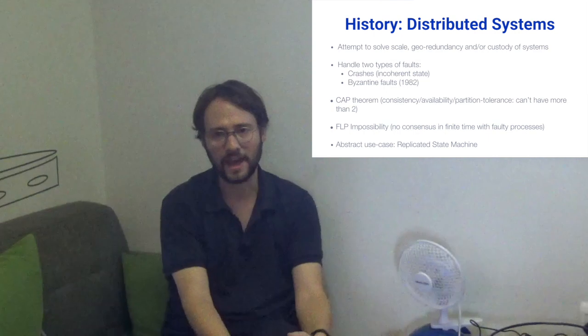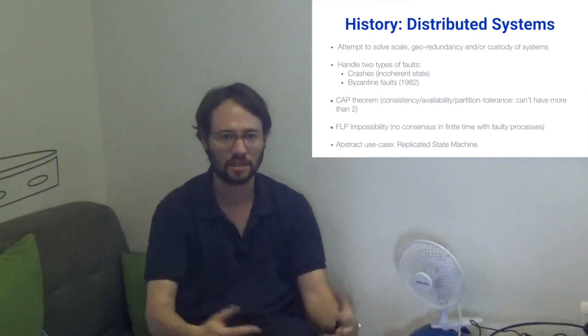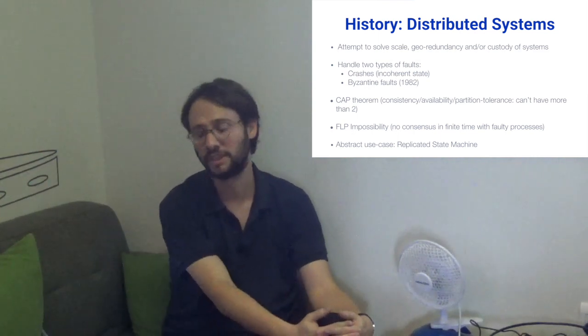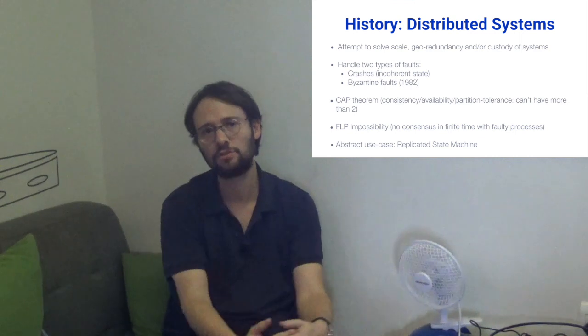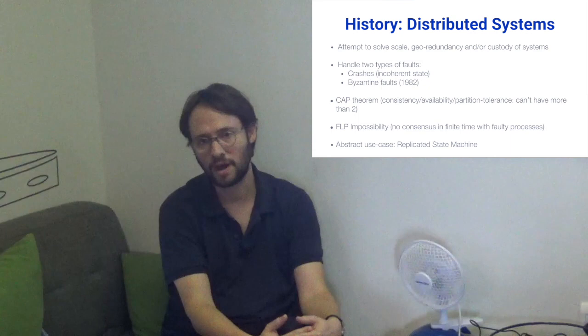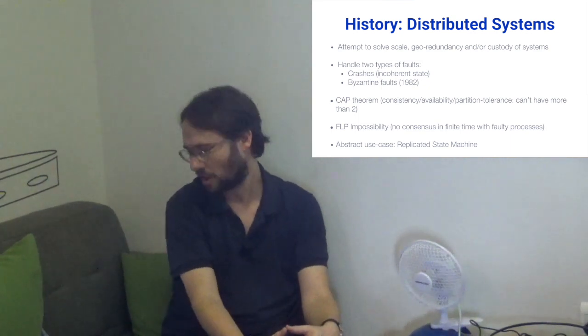So when we have a distributed system that needs to reach a consensus about the state of the data or the state of a computation, we'd have to handle two types of faults. One, which is almost trivial but not so simple to handle, is crashes.